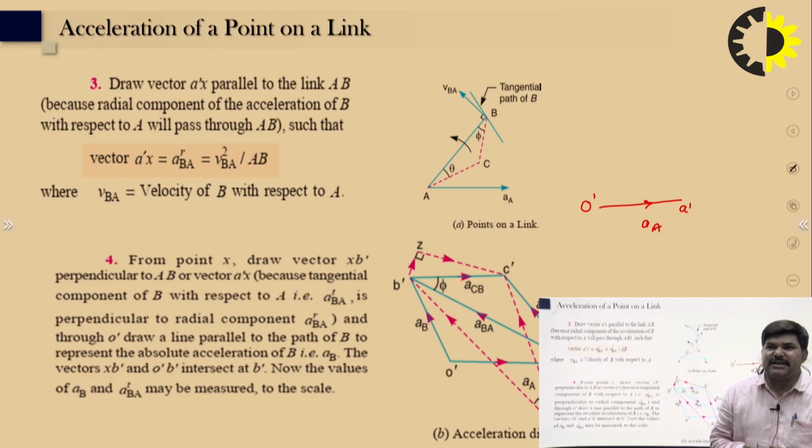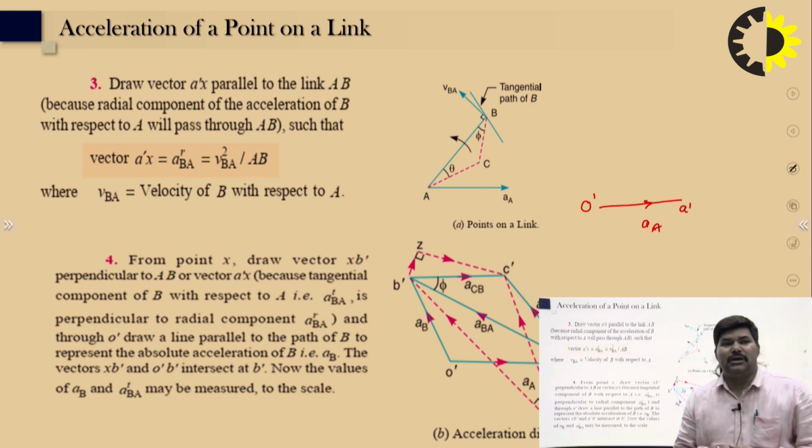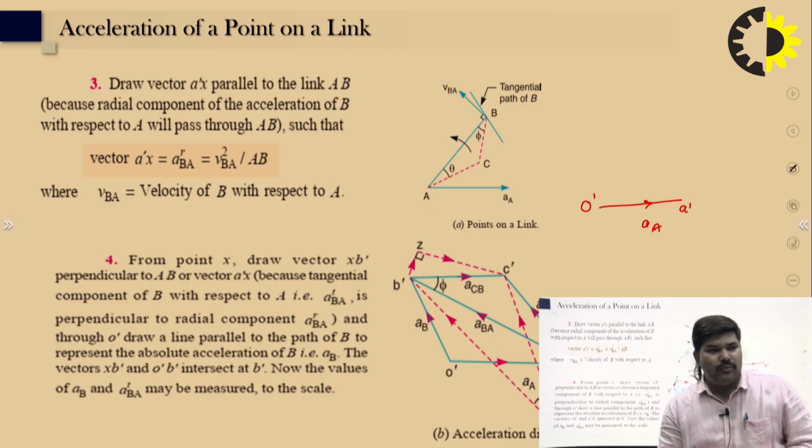These two lines, X B dash and the line from O dash, intersect at point B dash, and now the values of the acceleration of A and the radial acceleration may be measured to scale.